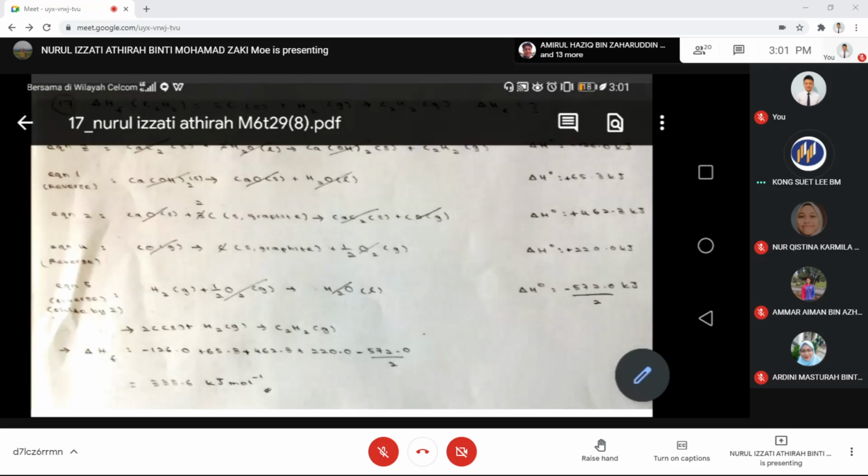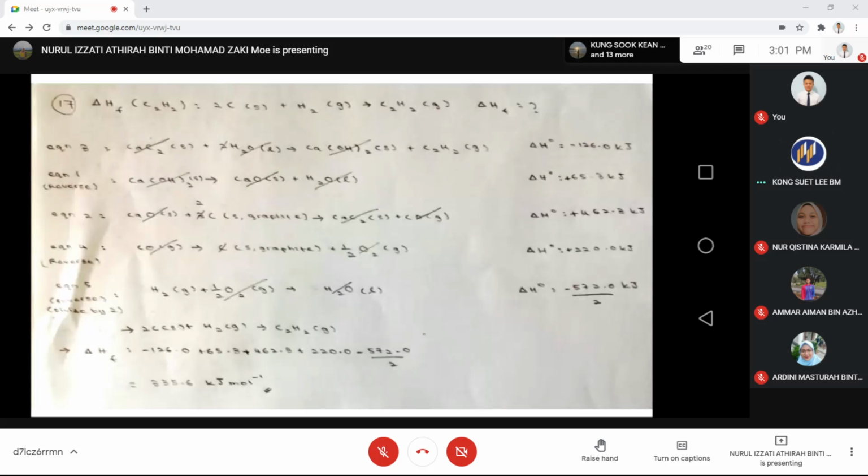So the question asks for the enthalpy of formation for acetylene. So we have to write the equation for acetylene, and we will get 2 moles of carbon react with 1 mole of hydrogen gas, we produce 1 mole of acetylene.